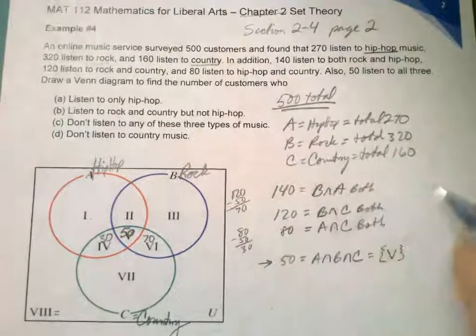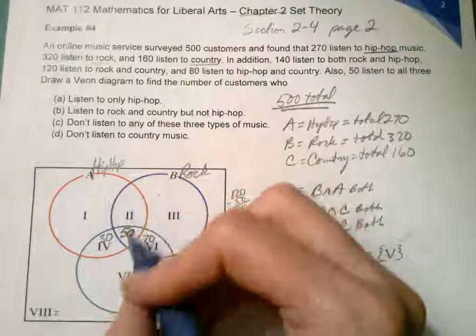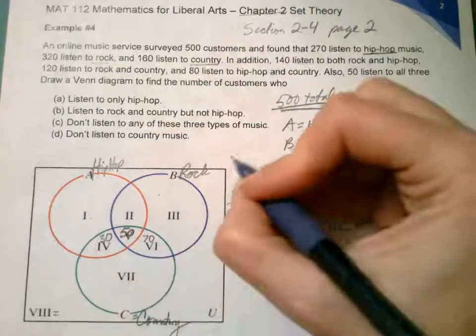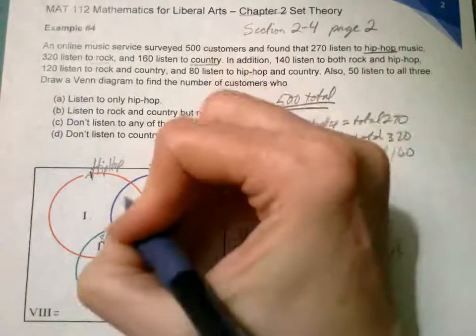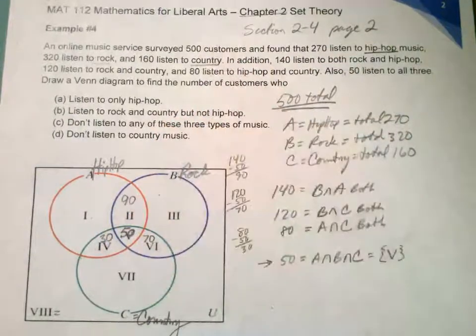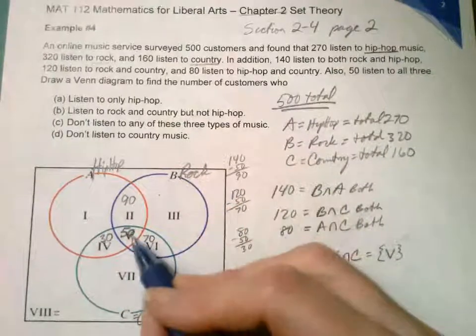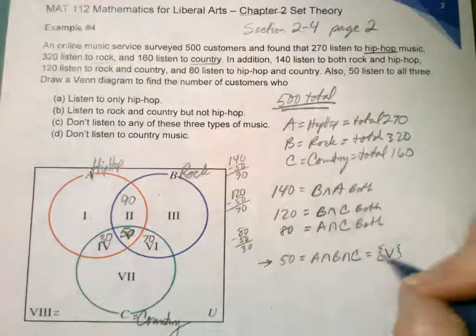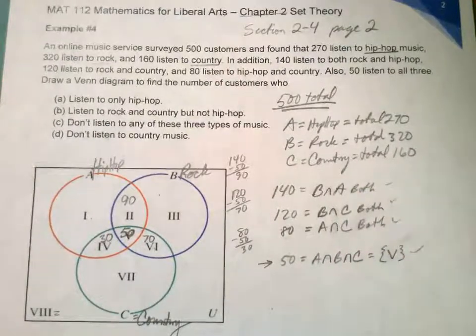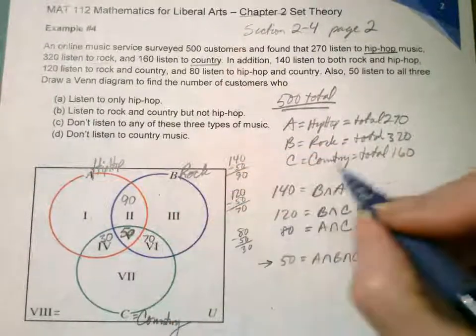And then 140 is A and B, so 140 in this whole section here. 140 minus 50 is 90. So there's 90 here. That's 140, these 120, these are 80. All right, so that takes care of that one, that one, that one, and that one. Just filling this out right now.